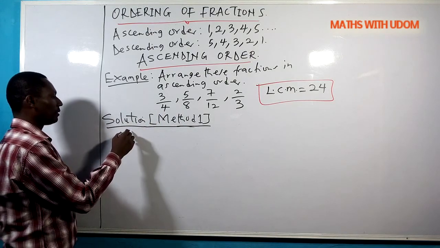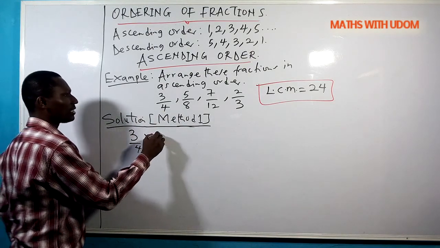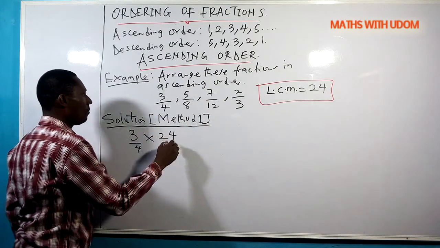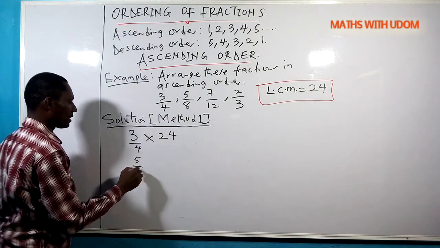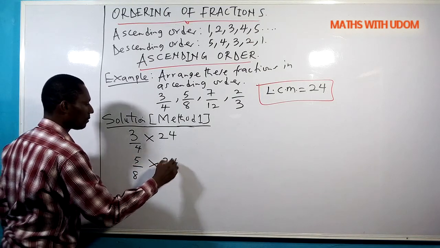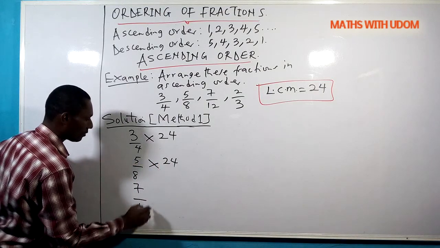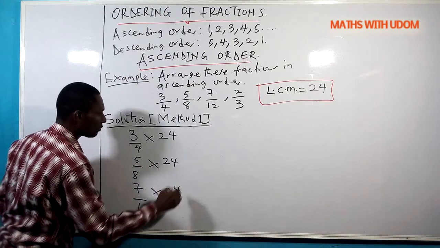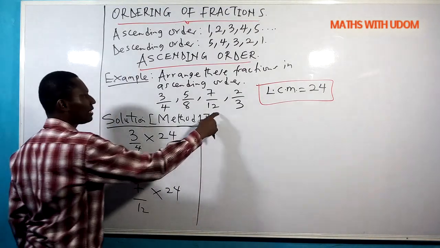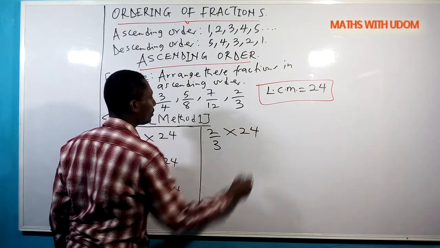So what do we have? 3 over 4 times the LCM, 24. 5 over 8 times the LCM, 24. 7 over 12 times the LCM, 24. And lastly, 2 over 3 times the LCM, 24.